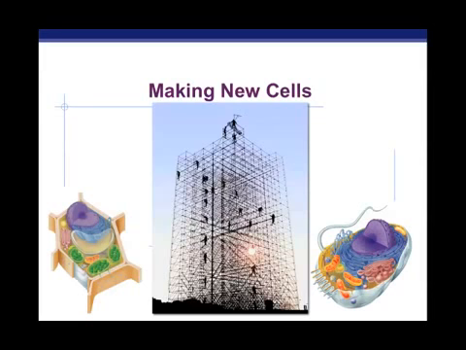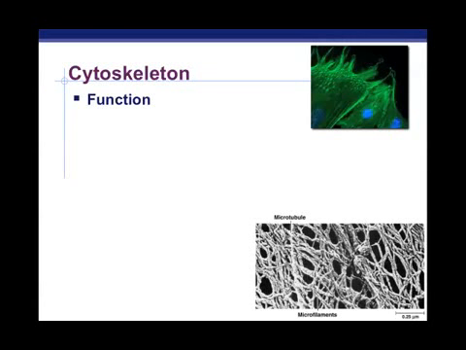So when new cells are made, there's an important piece that was left out of this called the cytoskeleton. And you see the structure in front of you. Well, basically our cells have a structure just like that inside of every cell. It's called the cytoskeleton. And it gives support.